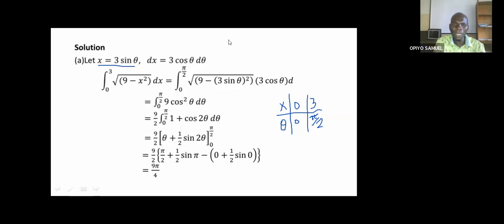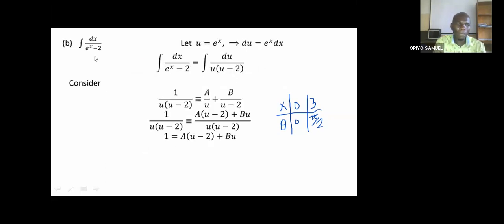In part B, we want to integrate this function, and still, when you look at this function, it is yet another change of variable substitution. So we want to let u be equal to e to power x, so that du is e to power x dx.